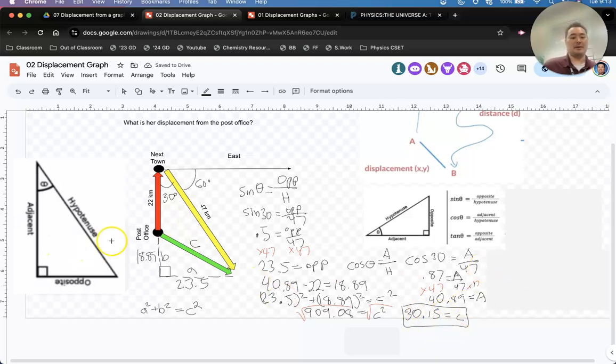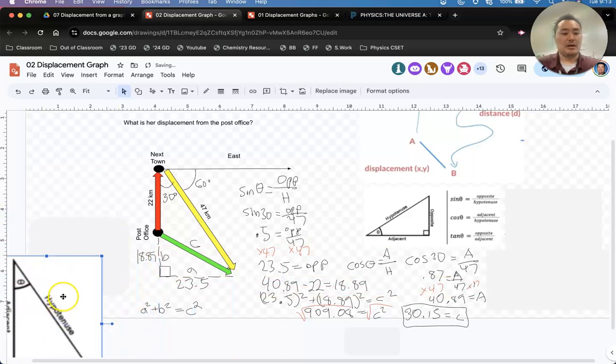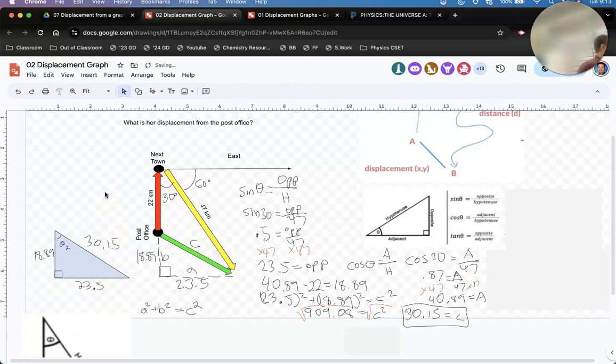Okay, so now we have this triangle that gives us 3 different lengths. We know that the post office carrier traveled 30.15 meters, but in what direction did the post office person travel? So I have this triangle here that represents the same thing that's in here. This goes in there.